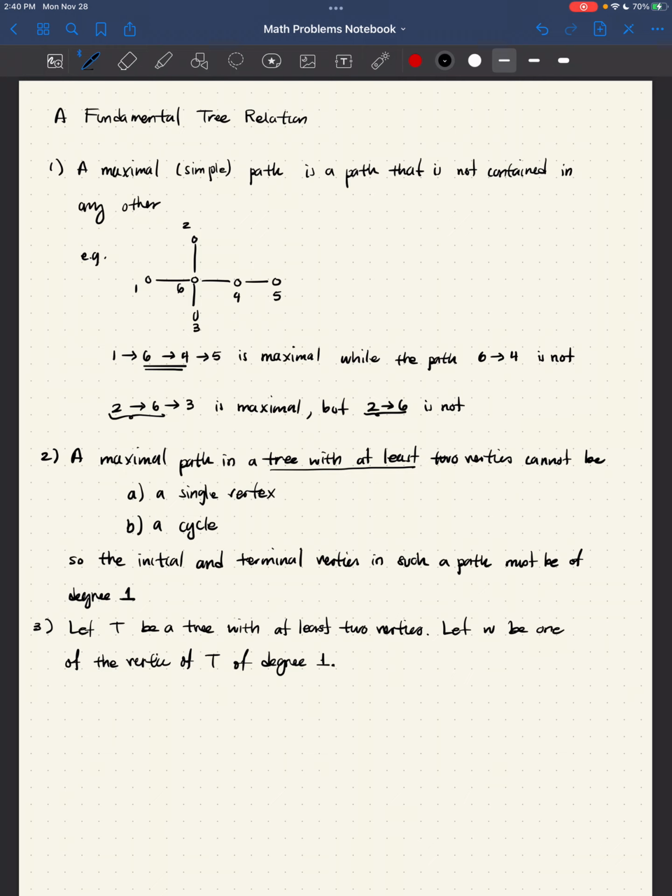So, what are we going to do now? Well, from here, we're going to take away that vertex. So the observation is the following.